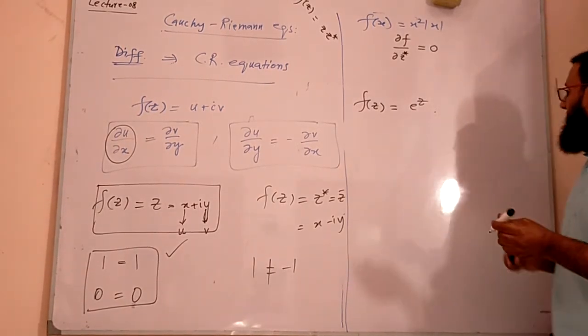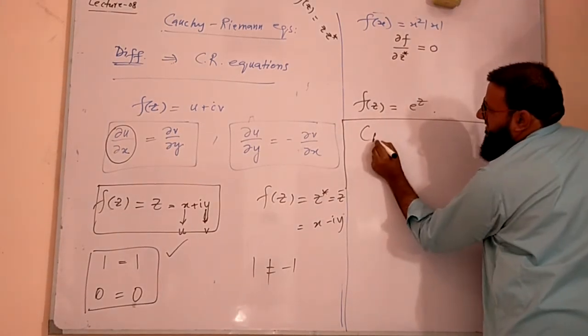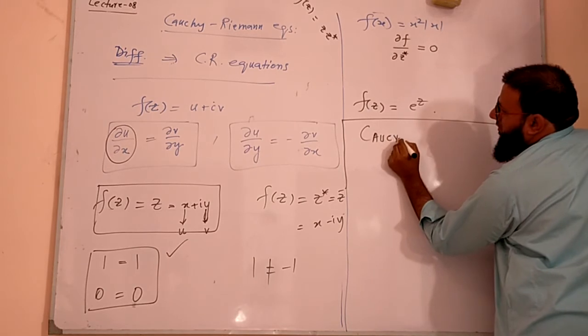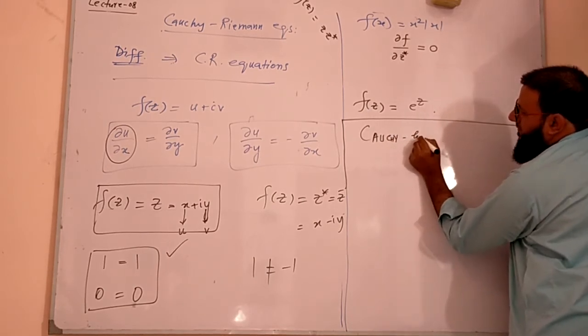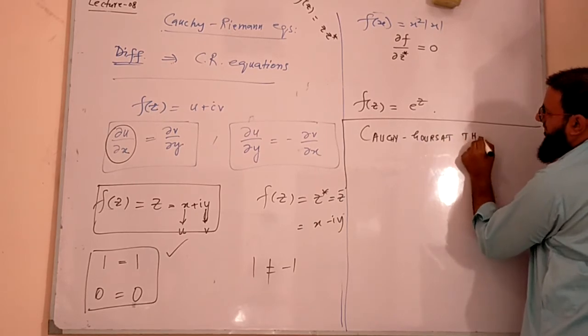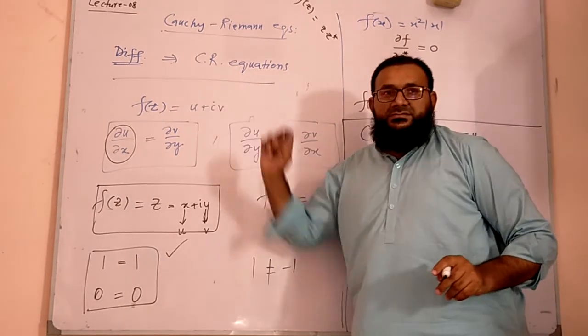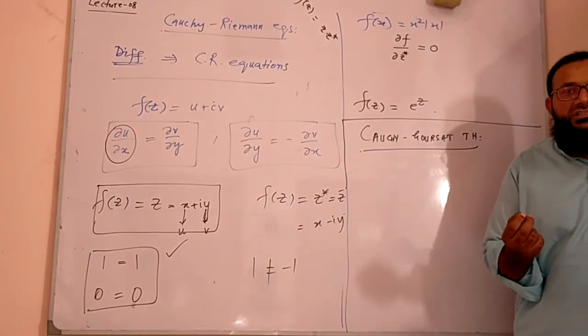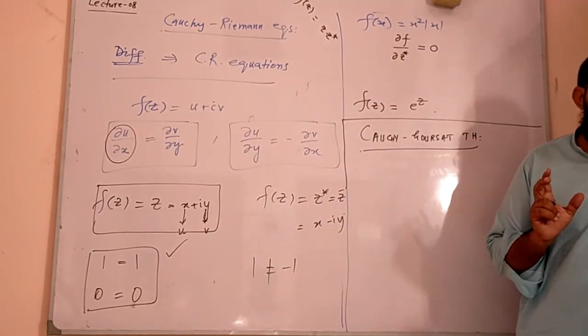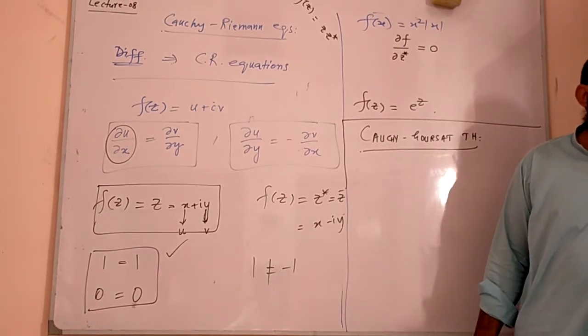So there is another condition. Sometimes it is named the Cauchy-Riemann theorem. It is the converse of this one. Now we know very well that differentiability implies CR equations, but CR equations do not imply differentiability.